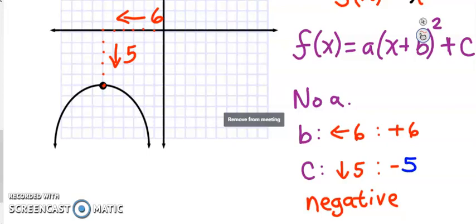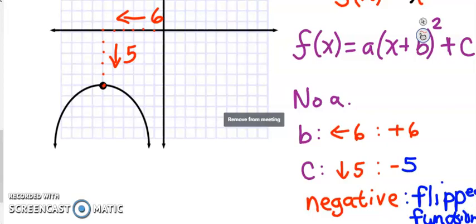So we have a flipped function there. F-L-I-P-P-E-D, flipped function.